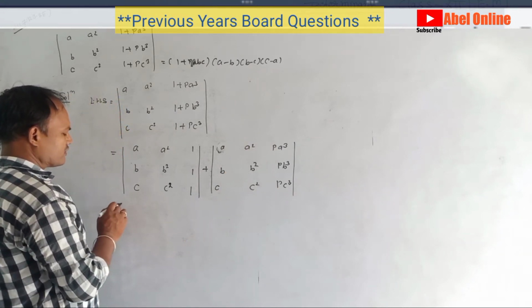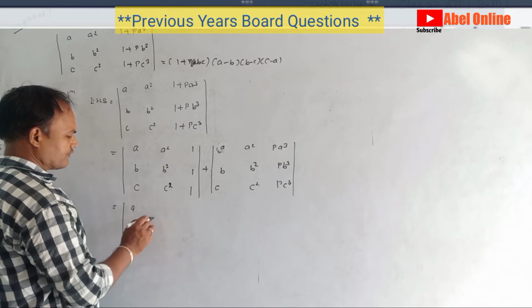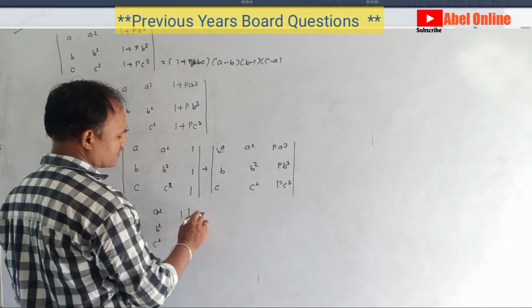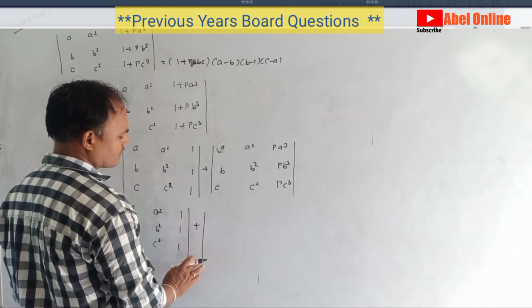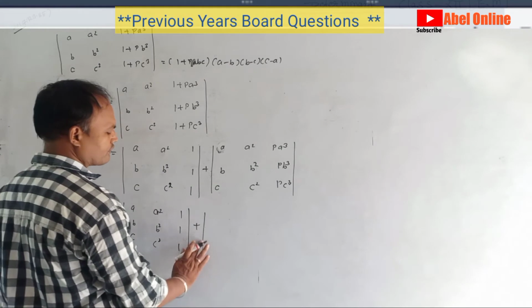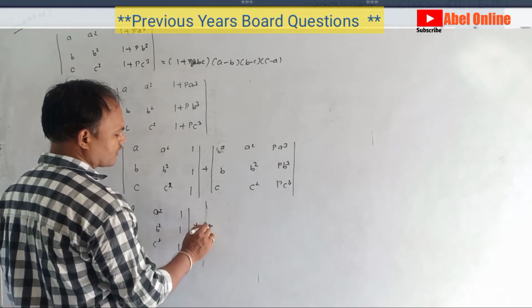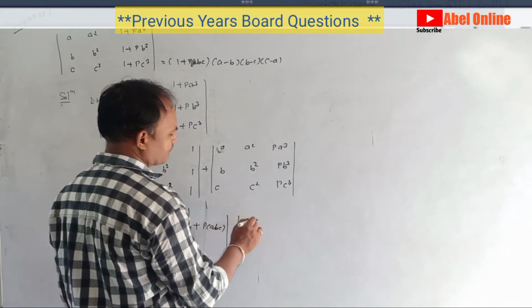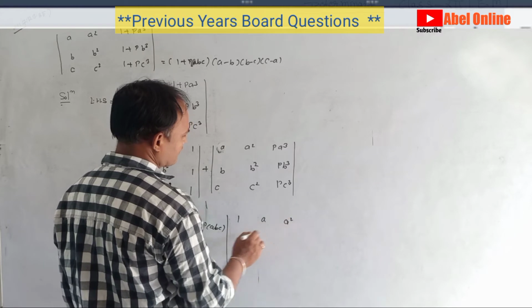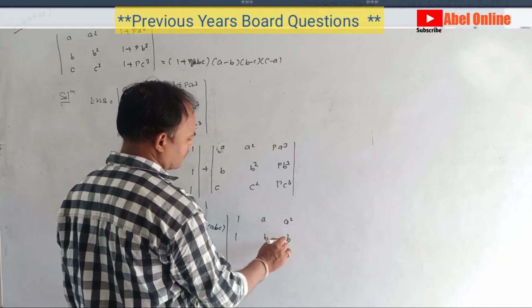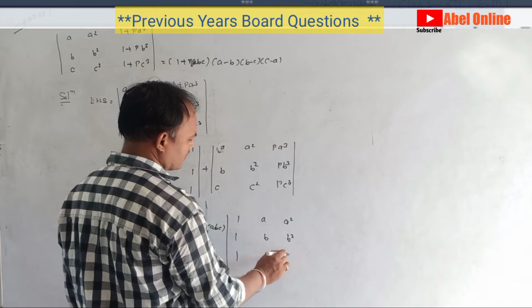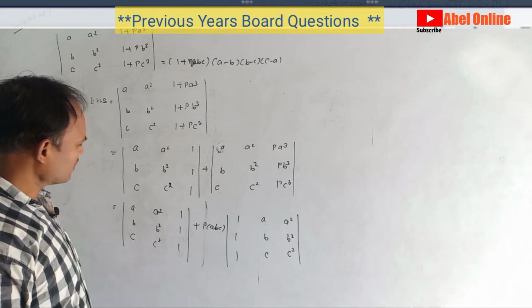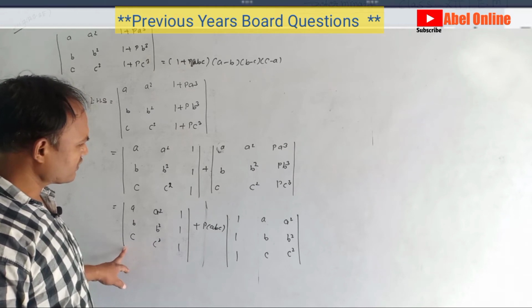So we can say that it is abc times the determinant a square, b square, c square, 1, 1, 1, plus p abc is the common, so the remaining part is 1, a square; 1, b square; 1, c square. Okay, now these are looking the same, but there is some error.